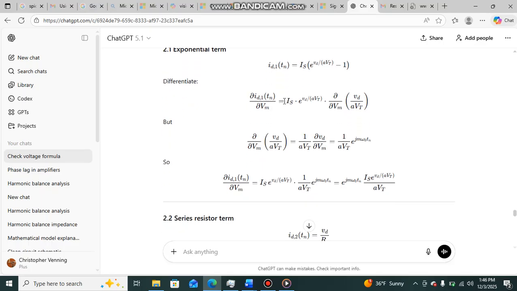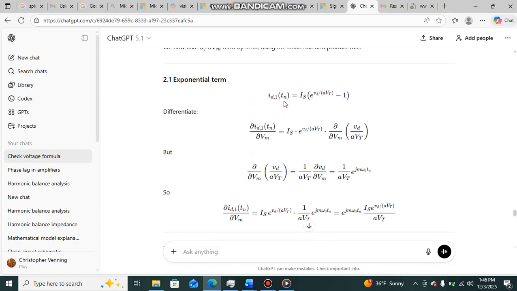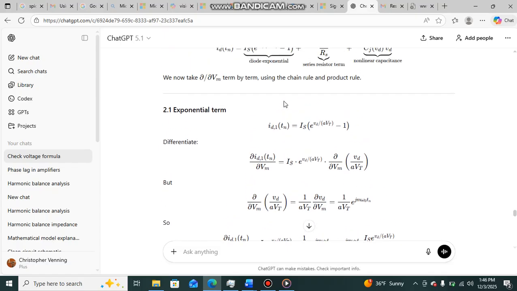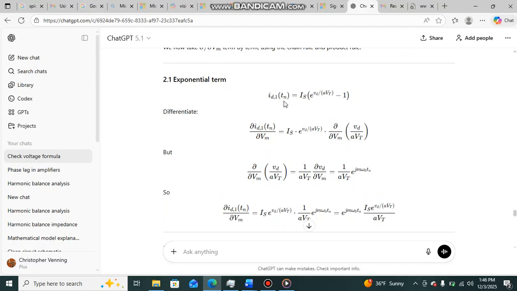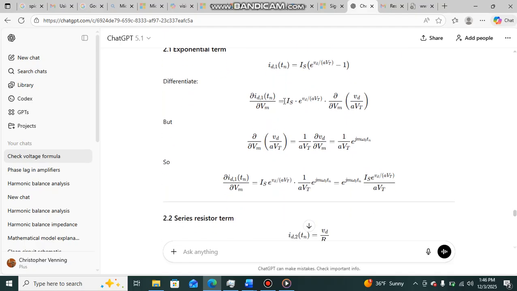And here it kind of shows you how to do the partial derivative here of the Jacobian.